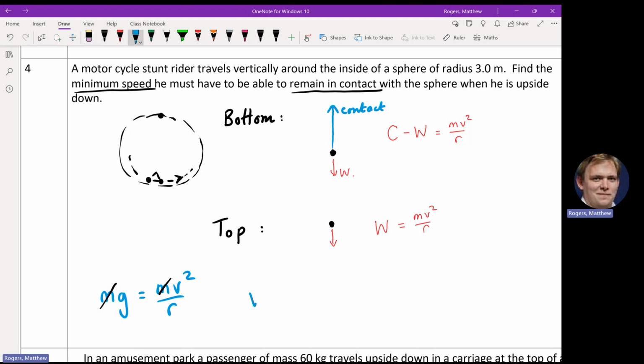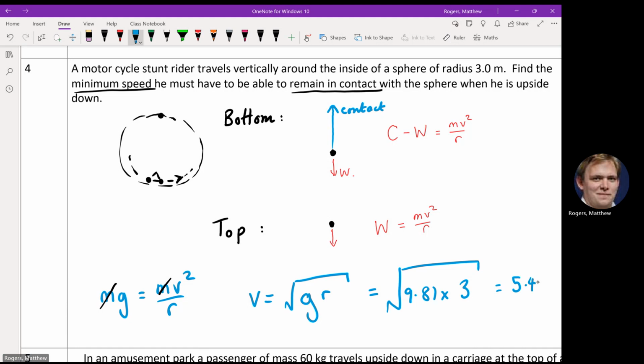So v is equal to the square root of gr. This is the square root of 9.81 times the radius of the sphere, which is 3, which gives a value of 5.4 meters per second.